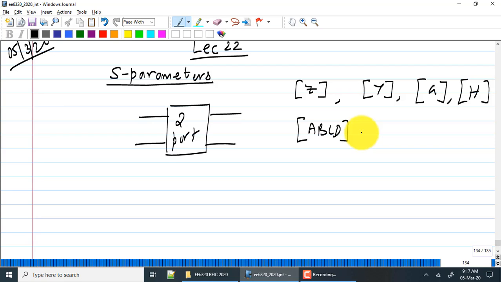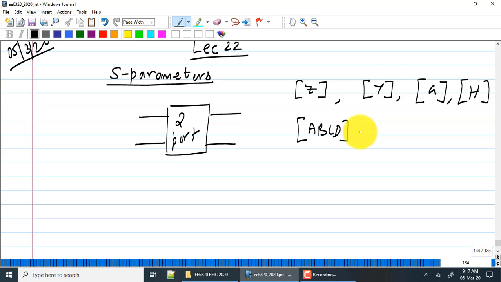So, well, quick summary. I'm not going to cover ABCD parameters explicitly here, but note that you have various pairs of quantities associated with this two port. You have voltages and currents at the input and output, right?